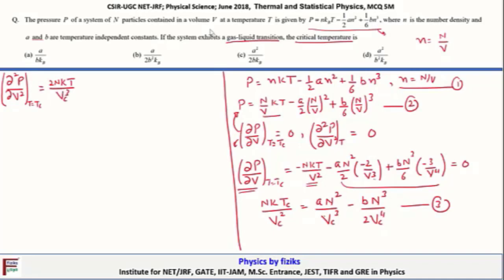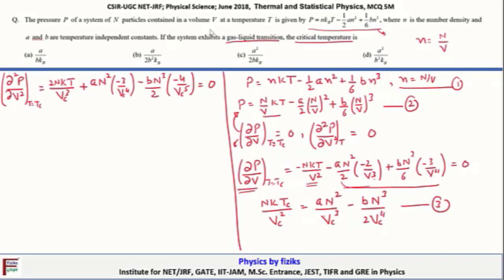Now the differential of the second term, where 2 and 2 cancel, gives plus A N squared multiplied by minus 3/Vc to the power 4. Then the third term, minus B N cubed divided by 2, with the differential of the volume term giving minus 4/Vc to the power 5, and this should be equal to 0.